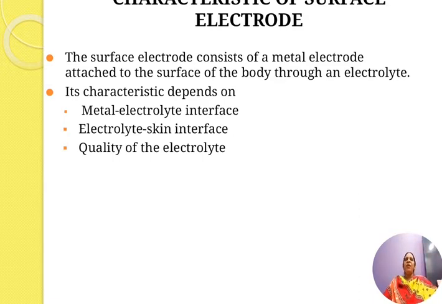The second one is the electrolyte and skin interface. In between the skin and the metal electrode, you have the electrolyte. So we have two interfaces here: one is the metal electrolyte interface and the second is the electrolyte skin interface. And it depends on the quality of the electrolyte also.